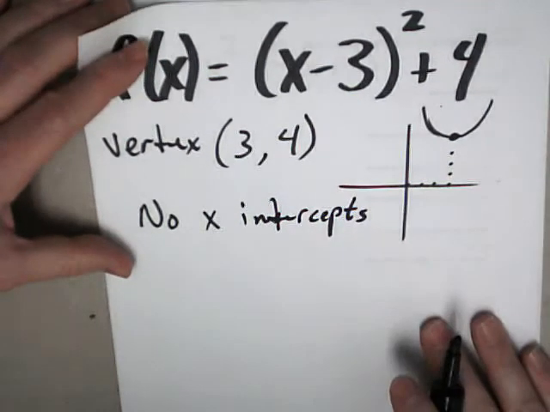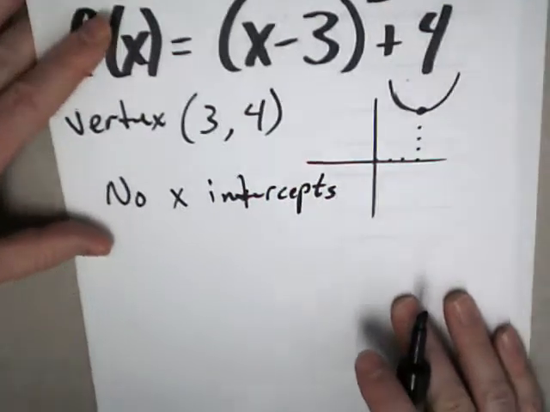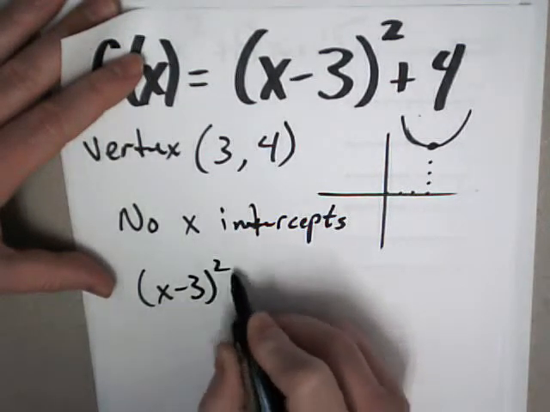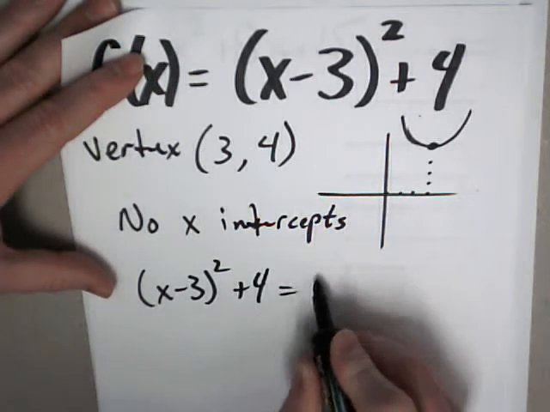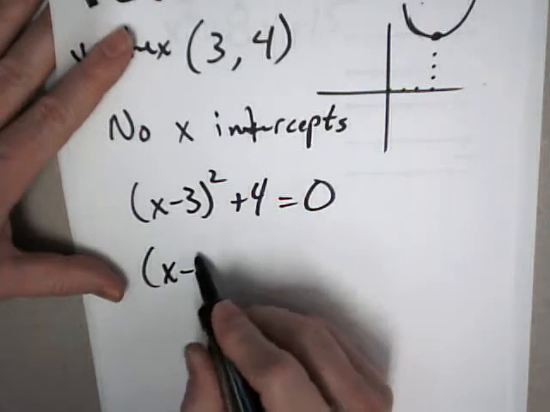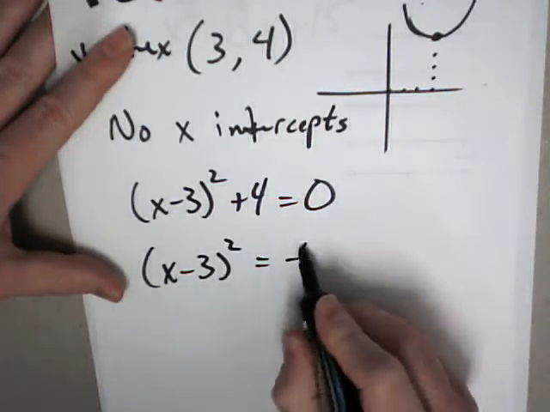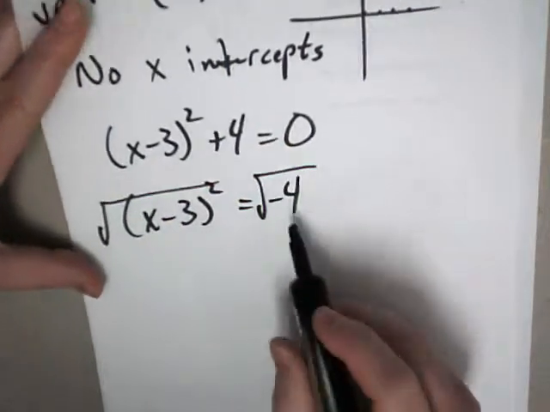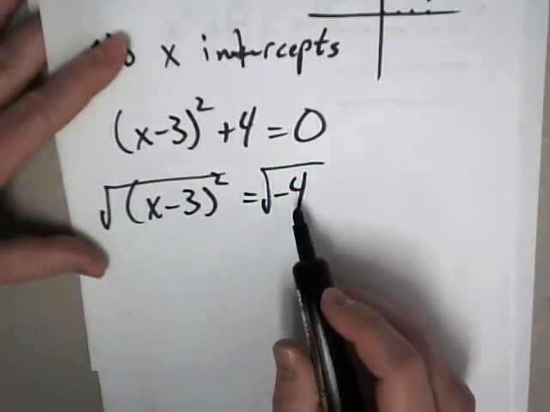What would have happened, though, if you did do that? You'd set it equal to 0, and you move that 4 over. Now you have to take the square root. But what? You can't take the square root of a negative 4.